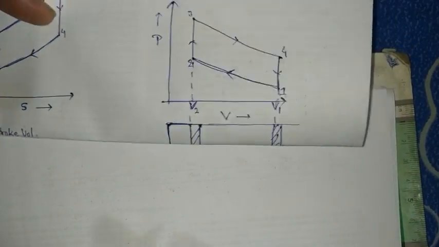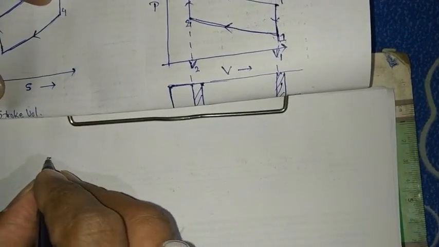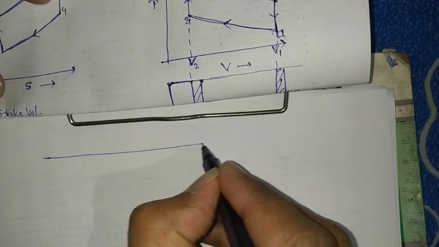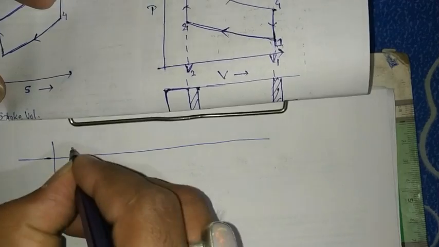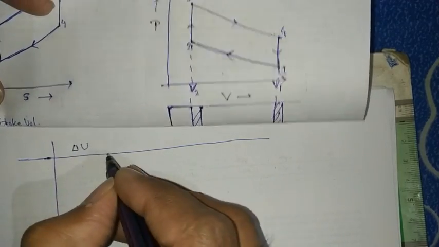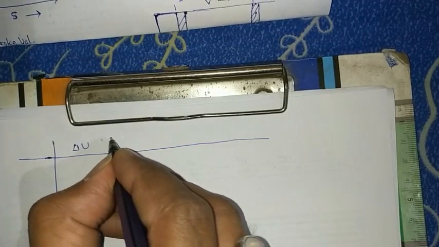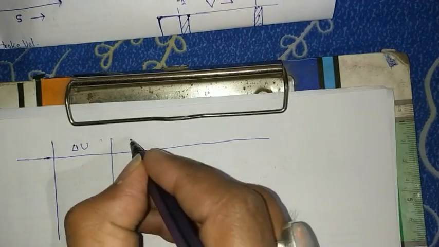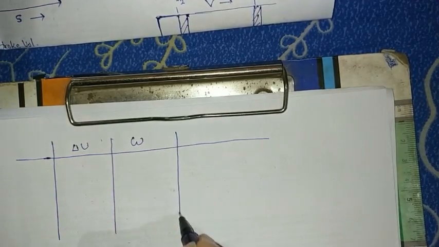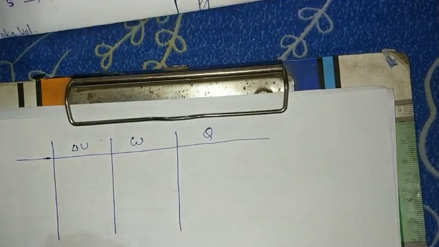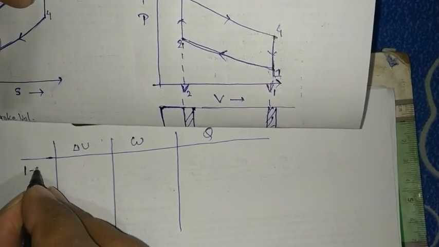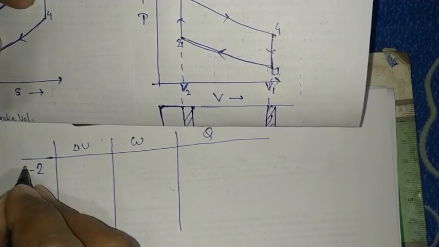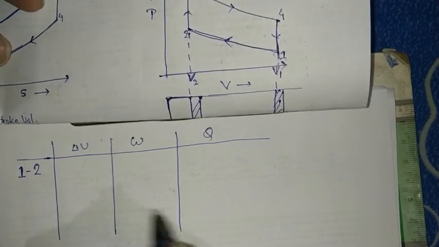Same as the Carnot cycle, we will do the analysis for all the processes: del U, W and Q. So we'll start from process 1 to 2.